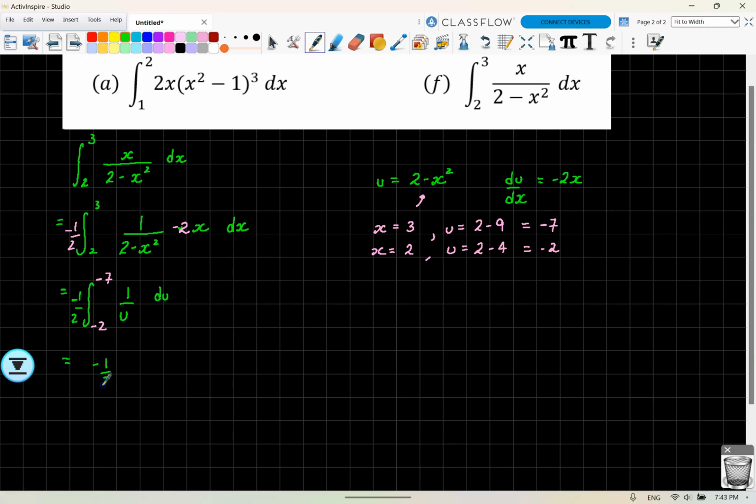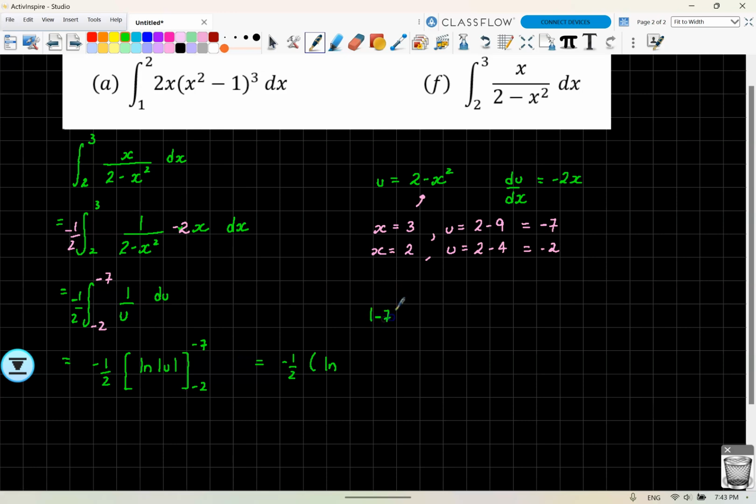So we go minus a half. The integral of 1 on u is ln u. This is a great example of where it's really important that you keep your modulus sign in there. Minus a half, bracket, this becomes ln modulus of minus 7.